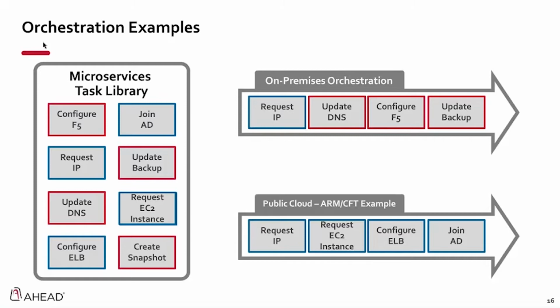So, for example, the networking individual might be in charge of helping to maintain the networking request microservice, the networking IP request microservice, as well as maybe the F5 microservice. That allows the networking team, for example, to still own the appropriate processes that they would in the overall life cycle of their environment. And this is a key piece.